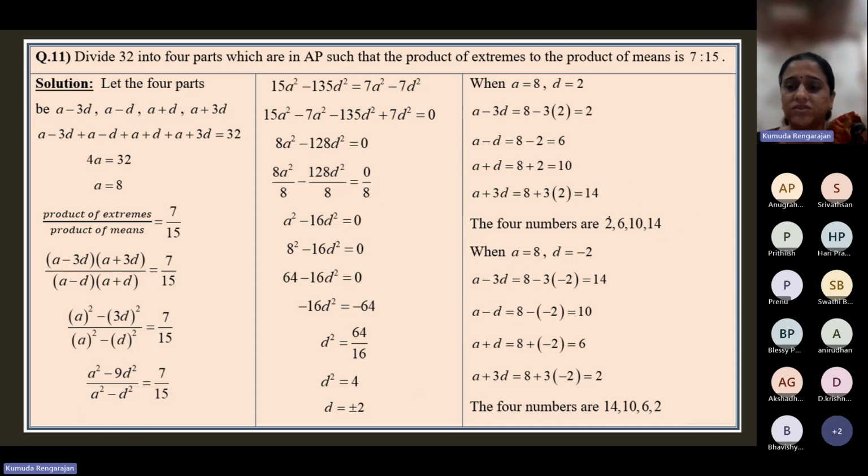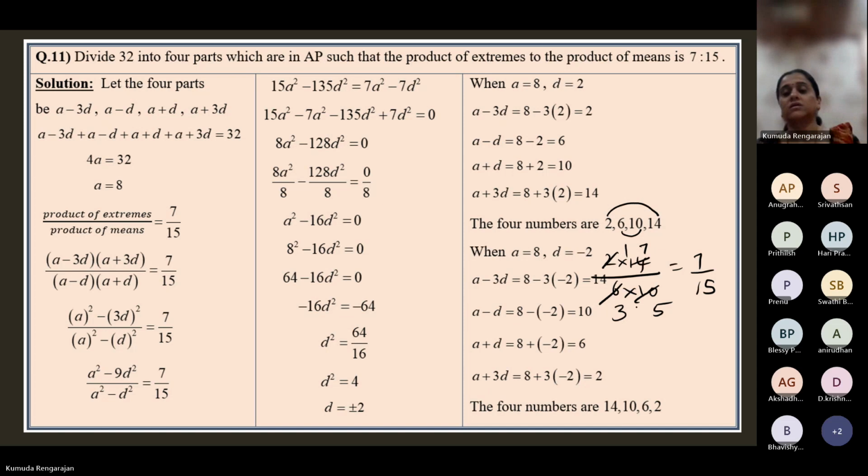And the product of extremes, 2 into 14, by the product of means, 6 into 10, is 7/15. Product of extremes divided by product of means: 2 into 14 divided by 6 into 10 is 7/15. Yeah, please work this.